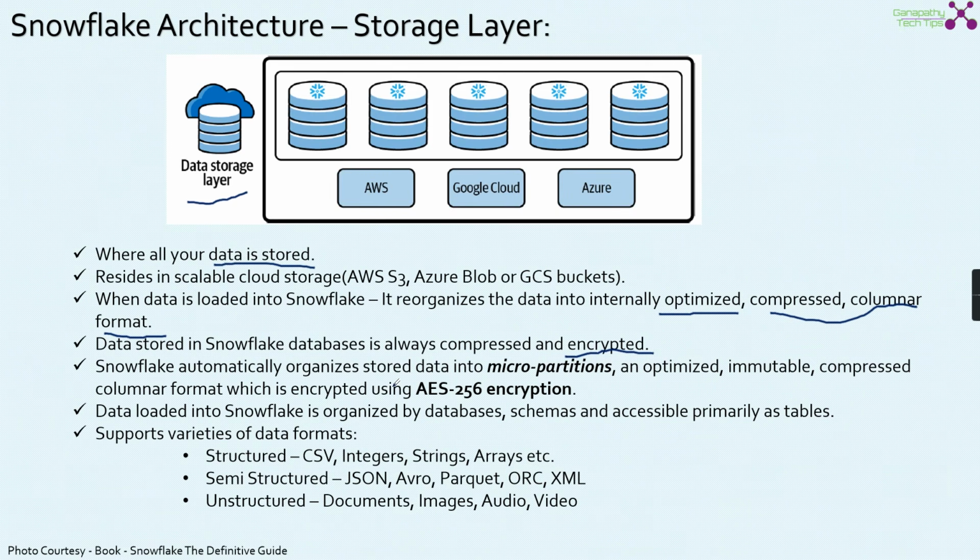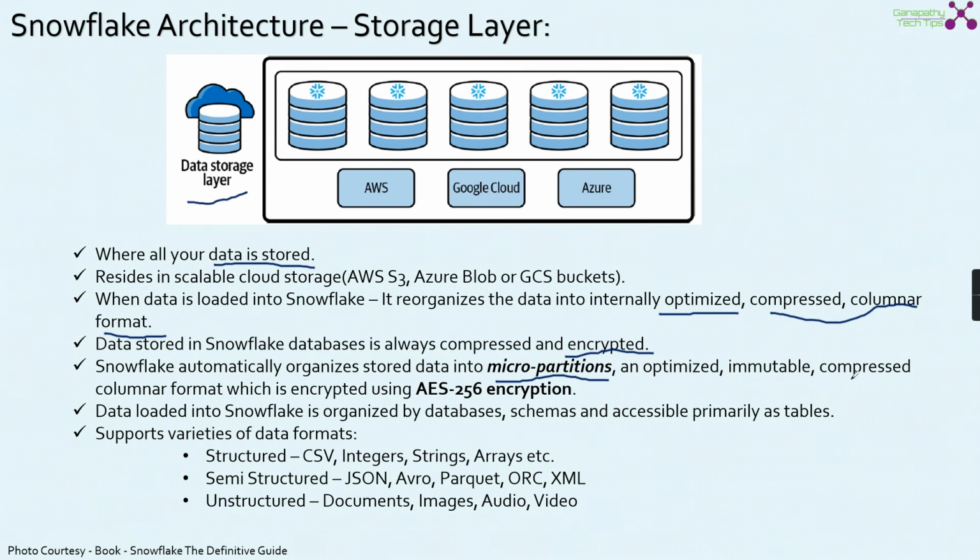Snowflake automatically organizes the stored data into micro partitions. This is again another concept. We are going to discuss more about micro partitions in the subsequent videos. So far, for the understanding, you just need to understand how it is storing. It is doing all the compression and optimizations, and then it is storing the data in the form of micro partitions.